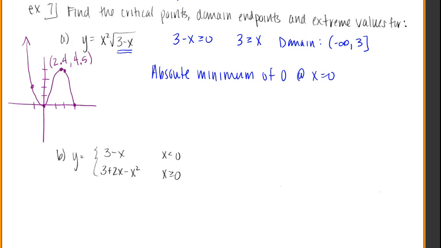And then we have also one of 0 at x equals 3. Now as far as absolute maxes, because this left side of the graph keeps going up forever, we don't know about an absolute max. But we do have a local max, because it's just any time we have a high point, a high hump. Okay, so it's going to be a local max of 4.5 at x equals 2.4.